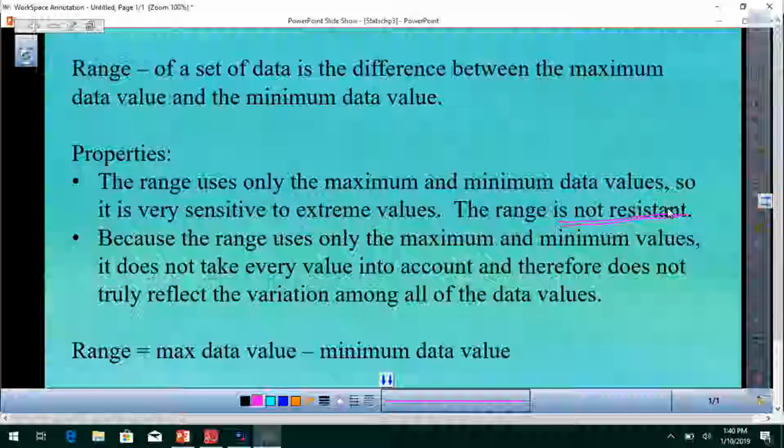Because the range uses only the maximum and minimum values, it does not take every value into account and therefore does not truly reflect the variation among all of the data values. So it only captures the gross or global variation, and not really the local variation. Range is the maximum data value subtracted by the minimum data value.